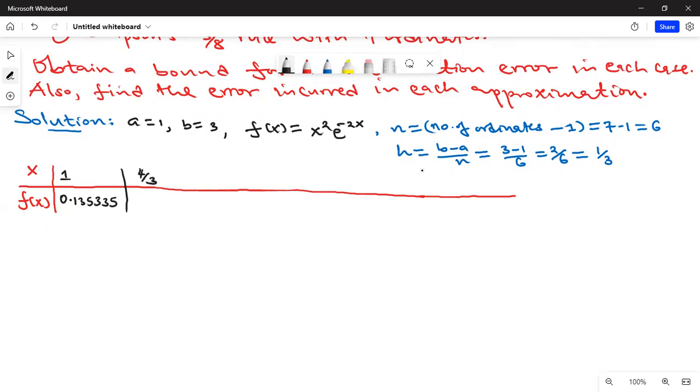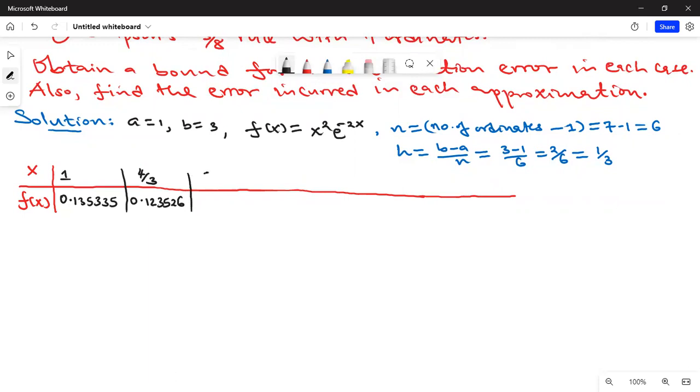Remember f of x is x squared times exponential negative 2x. So replace x with 4 over 3 in x squared times exponential negative 2x. What are we going to get? That will be 0.123526. I'm rounding to 6 decimal places.